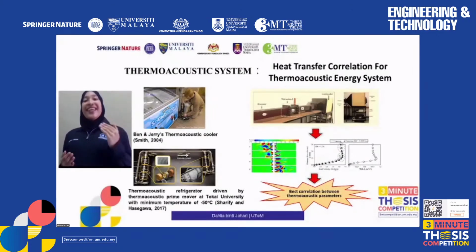This is where we take the responsibility to study the flow inside the system. From the right-hand side of the slide, you can see that our test rig is quite a bit bigger compared to the Hasegawa rig. This is because we want to see the flow inside the system.